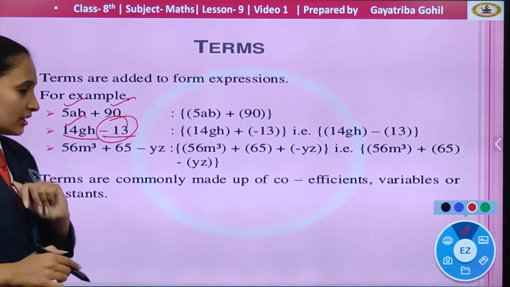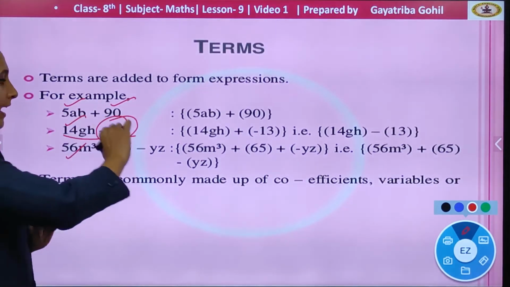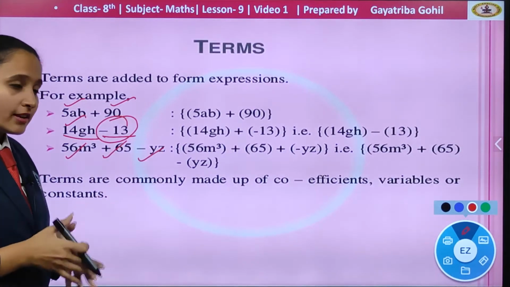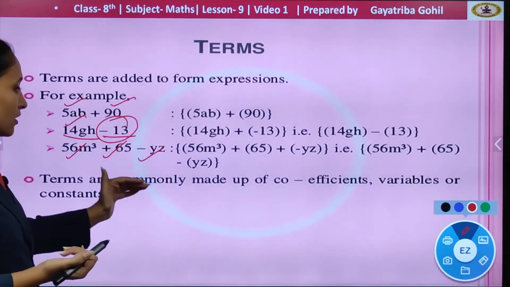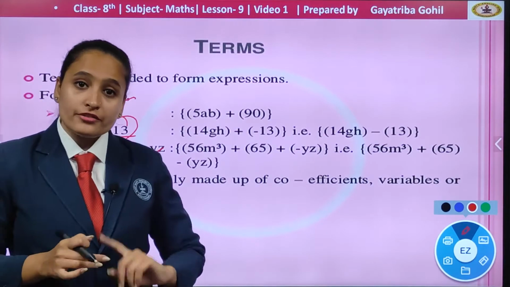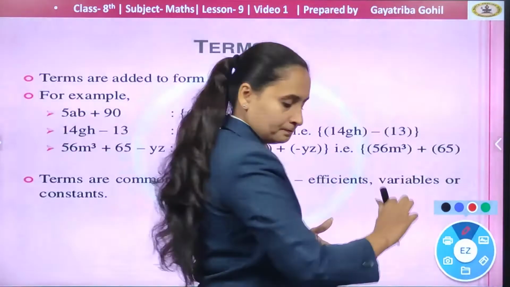Over here we have three terms, 56m cube, plus 65 and minus yz. So these three terms come together and form an expression, right? Terms are commonly made up of coefficients, variables or constants. What are coefficients? We will find out in the next topic.